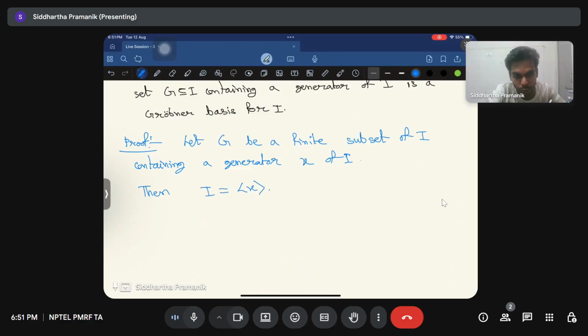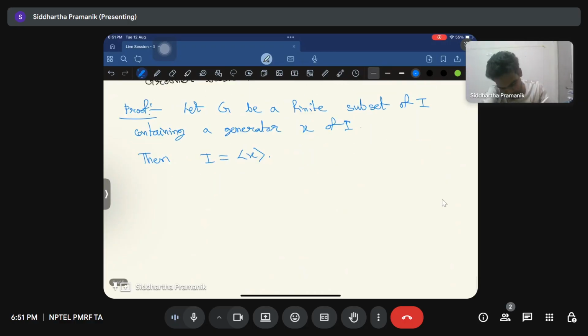What we need to prove is that G is a Grobner basis for this ideal I.